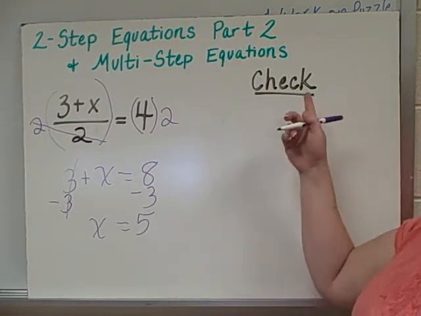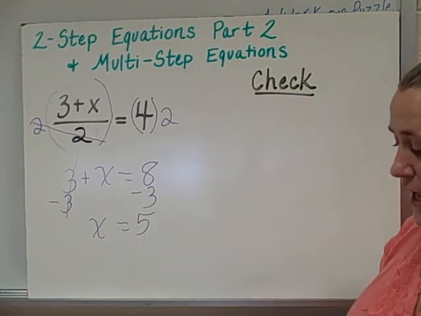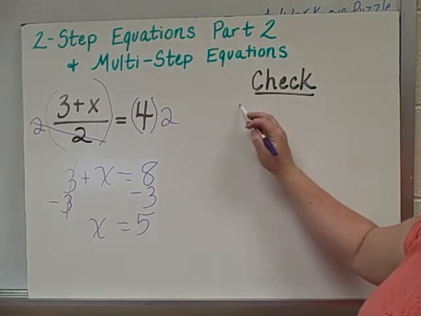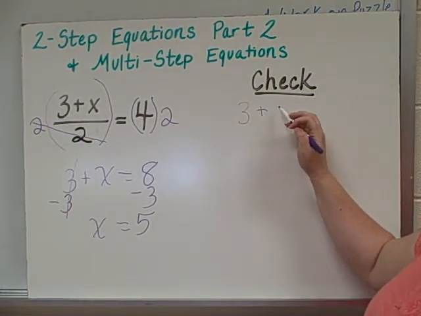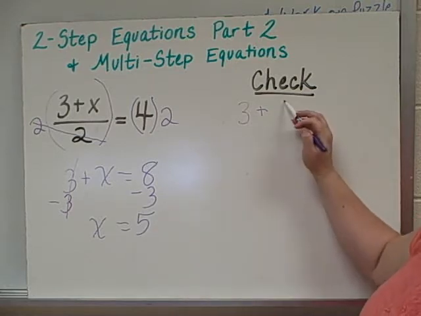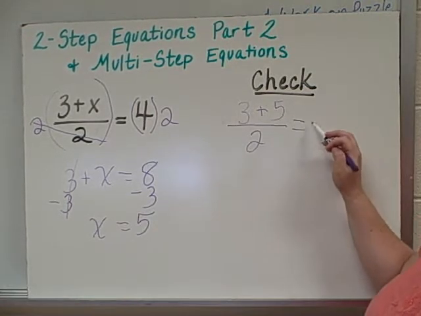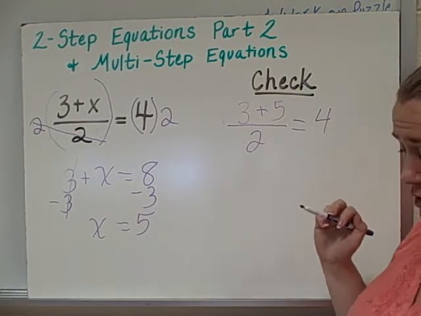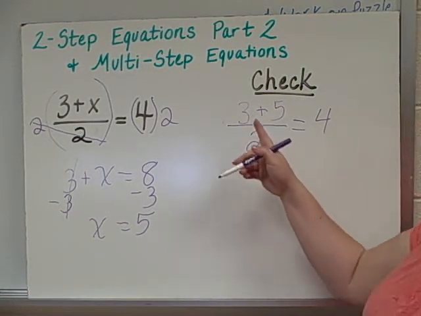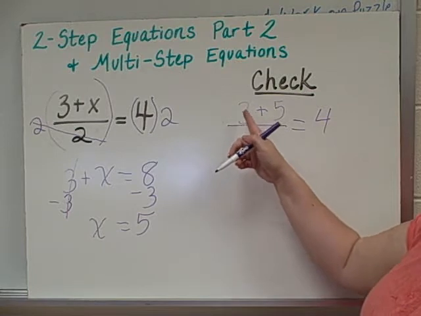Now remember, you have to do your check. So we take the original problem, 3 plus x, and we think x is 5, over 2, and that should give us 4, right? So, order of operations.